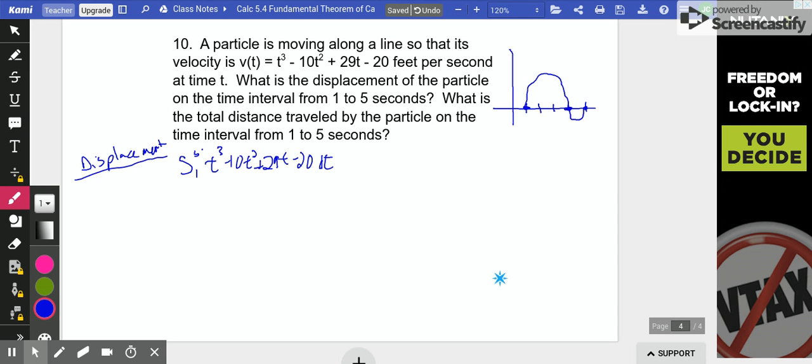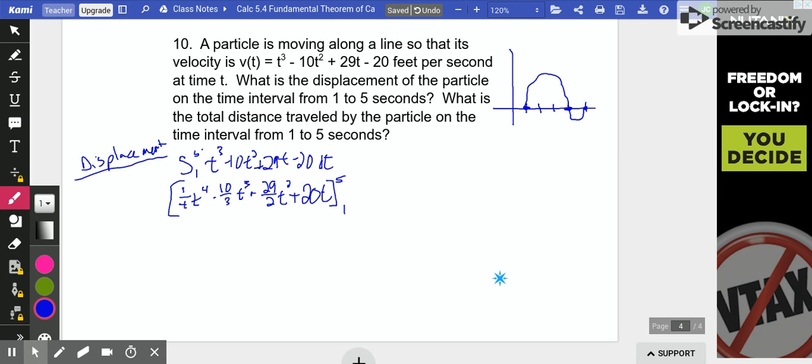Okay, so the antiderivative is going to be 1/4 t to the 4th minus 10/3 t cubed plus 29/2 t squared minus 20t. And we're going to evaluate that entire thing from 1 to 5.